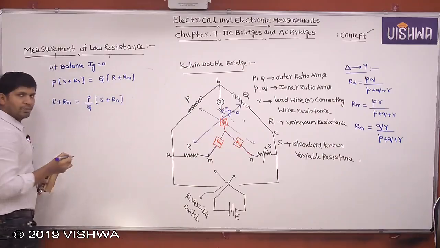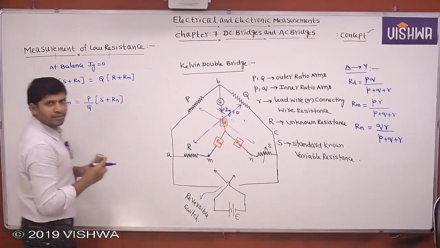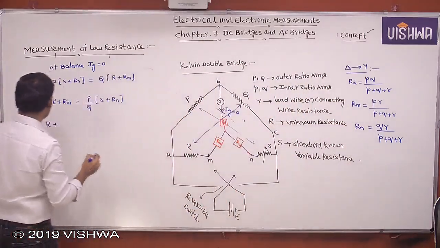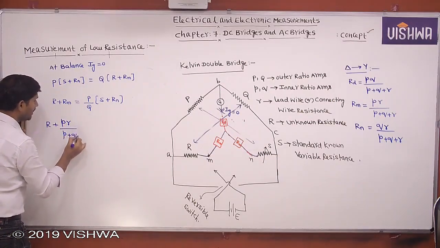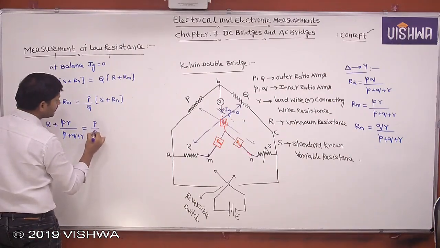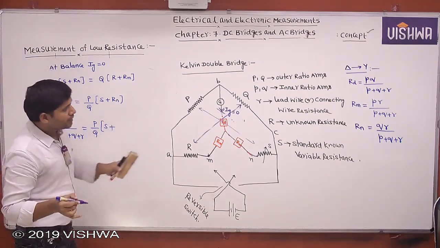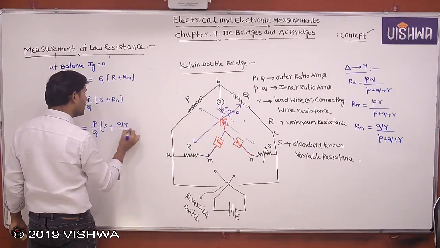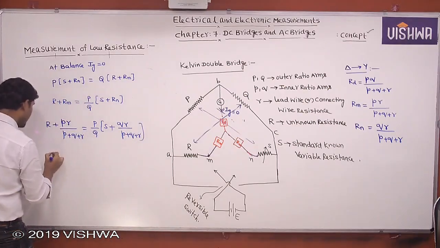Now you substitute Rm and Rn values. Rm equals PR by P plus Q plus R. So PR by P plus Q plus R is equal to P by Q into S plus Rn, where Rn equals QR by P plus Q plus R. Shall we write like this?